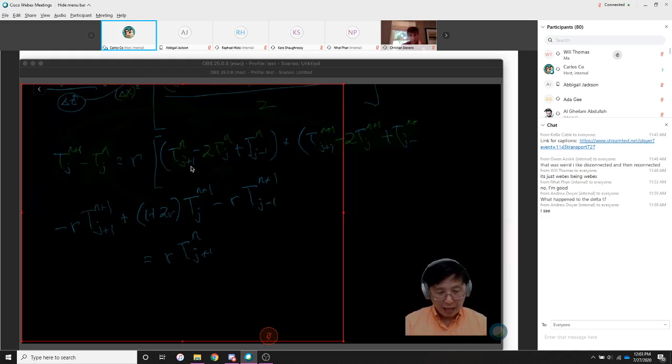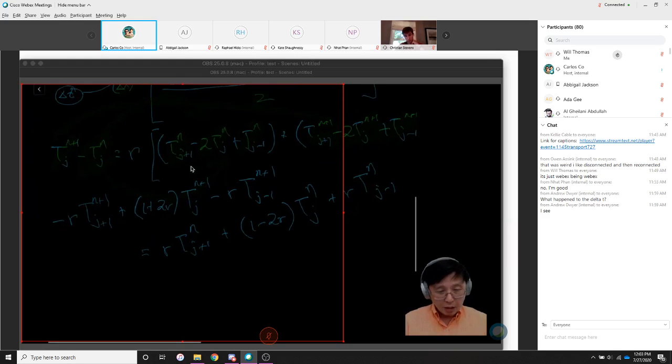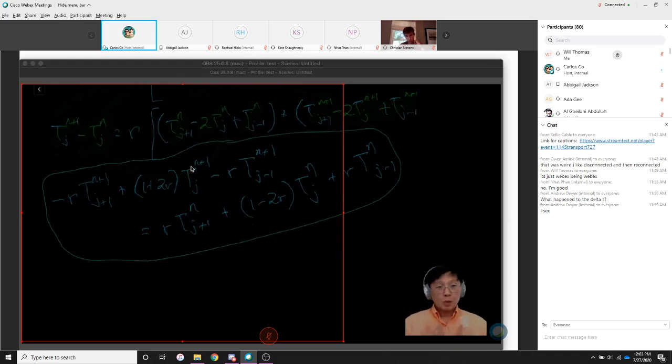And so we will have a plus 1 minus 2r, T at j, and then finally this last term here, which is going to be plus r times the temperature at j minus 1 at the previous time n. And so let me box this out a bit here. So that is the Crank-Nicolson equation that we need to solve.